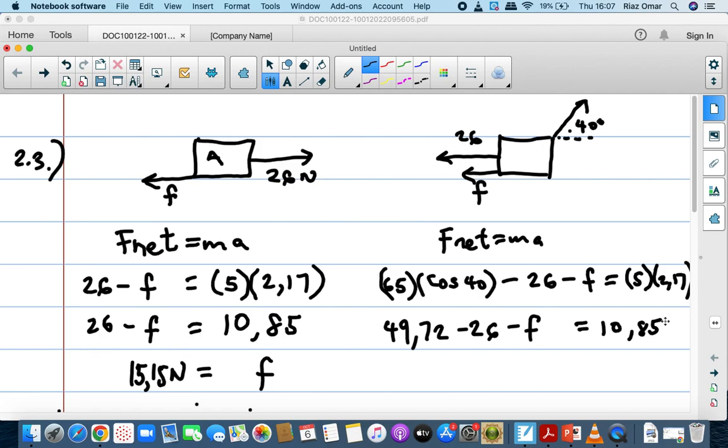Then if you take the F onto the right hand side and put everything else on the other side, it will be 49,79, or sorry, 49,79 minus 26 minus 10,85, and that will give us 12,94 newtons. That is the way we work out the answer using calculations, so that we don't make any mistakes. 12,94 newtons will be our answer for 2.3.2.